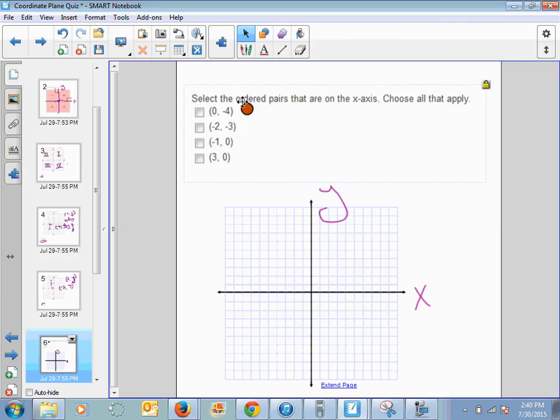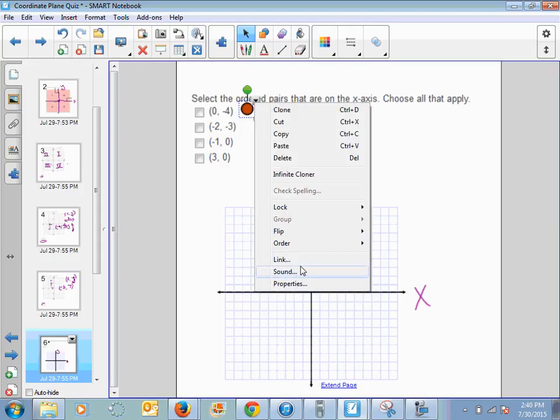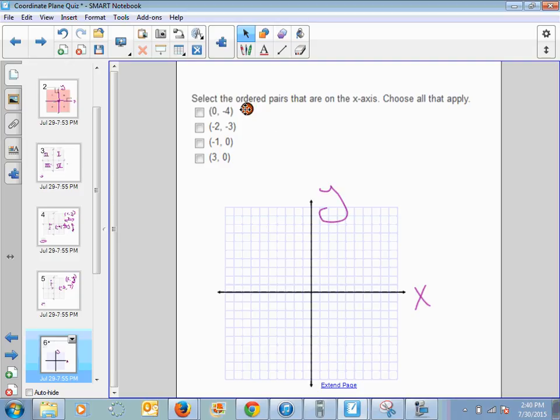So 0, -4 means you go 0 units side to side, and then you go down 4. 1, 2, 3, 4. So I think it's about there. So there's 0, -4. Now, that's not on the x-axis, that's on the y-axis.